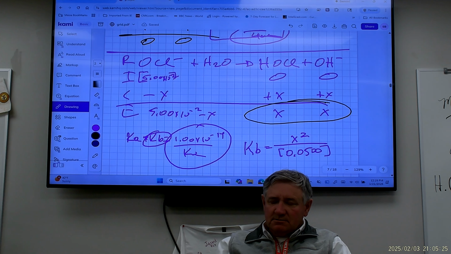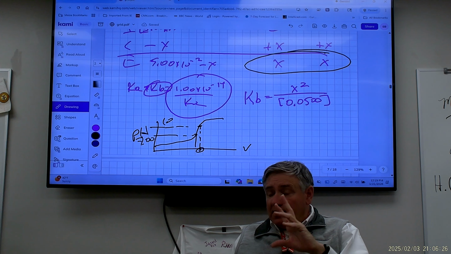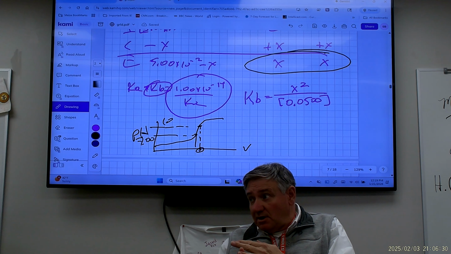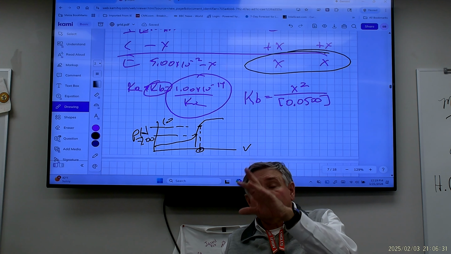Okay? If this had been a strong acid with hydroxide, that equivalence point would have been lower, and that would have been 7. So if you're given a graph of titrations, and you're trying to figure out if you're graphing a weak acid or a strong acid, look at where the equivalent point is.